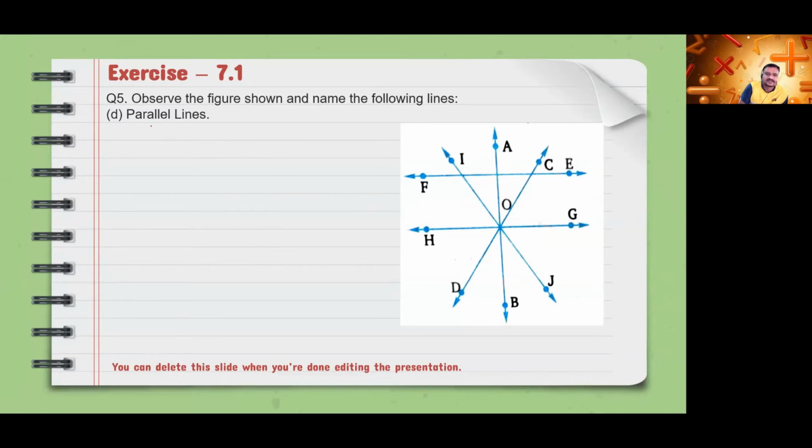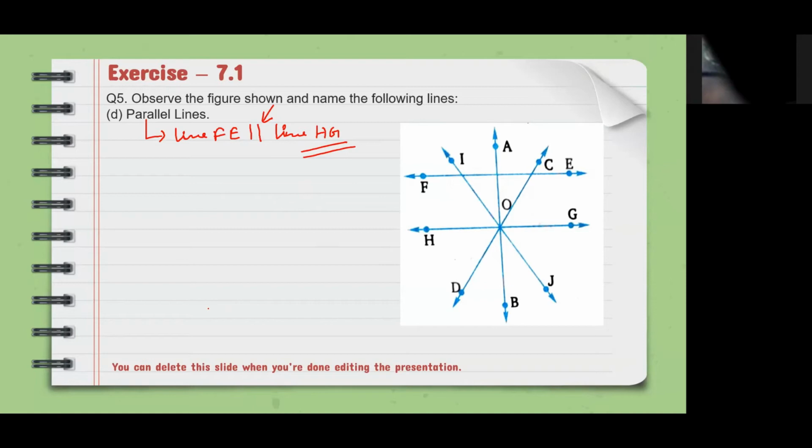Correct. This is the symbol of parallel. Line FE is parallel to line HG. Only two lines are parallel in this figure. Okay, next one.